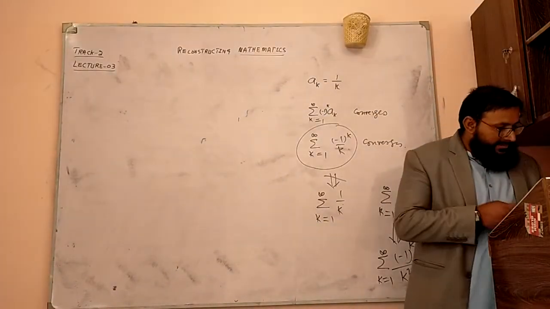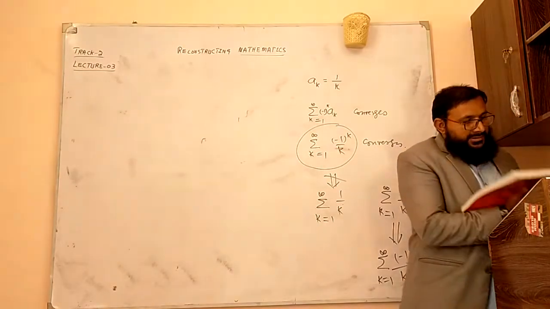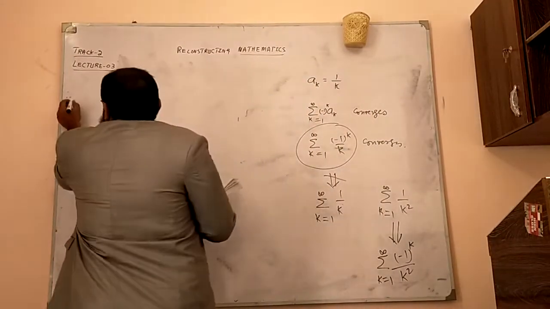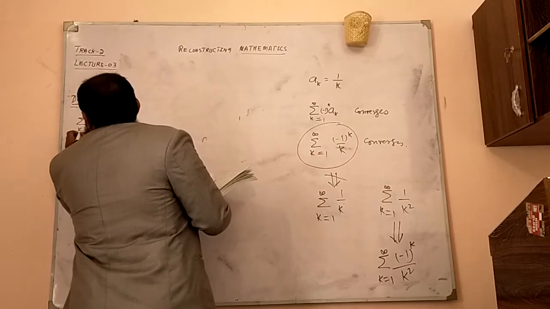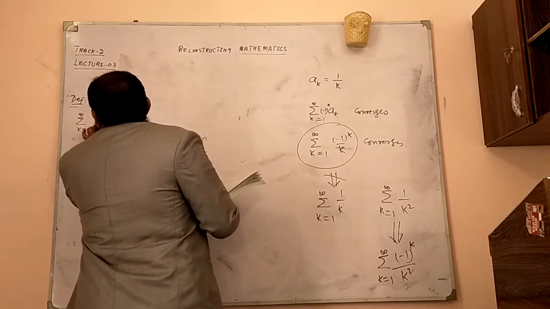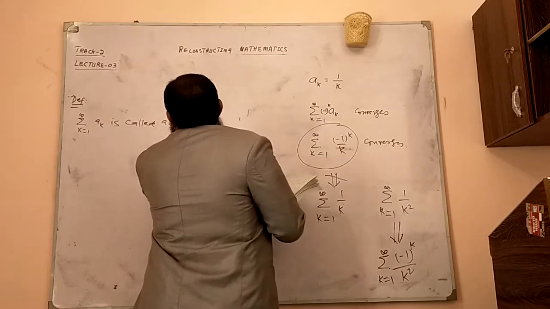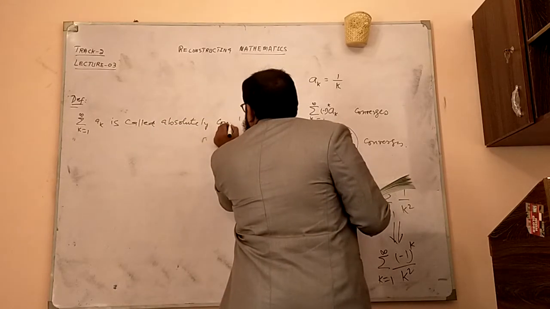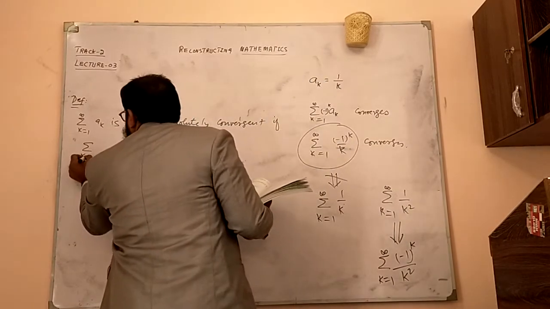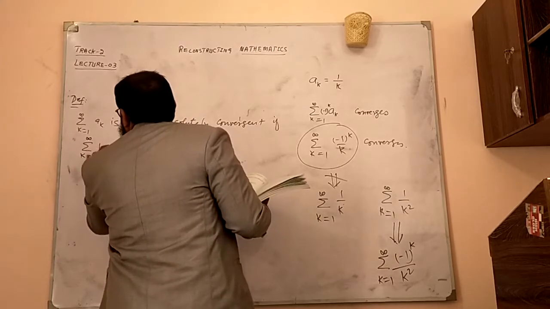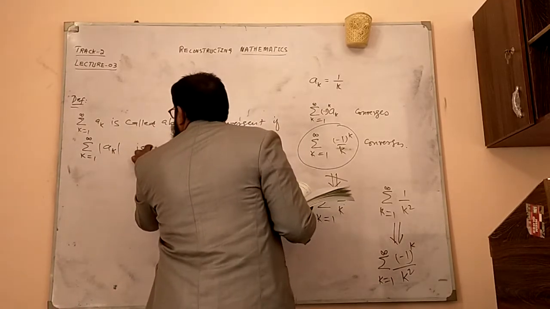It's a definition that this series a_k is called absolutely convergent if the absolute values of all the terms, when added, are convergent.